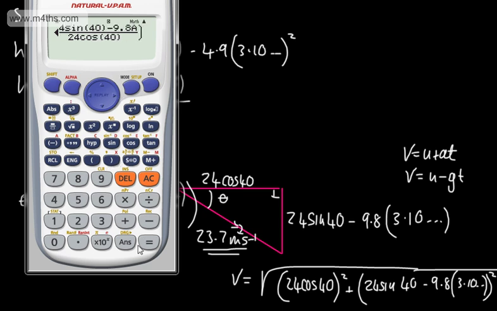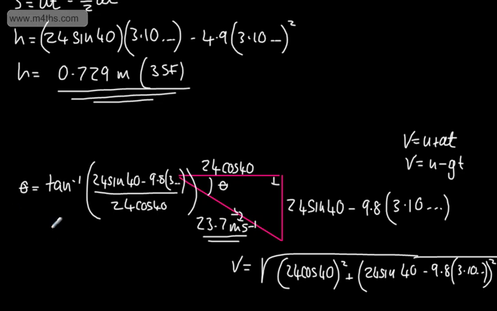Let's put that in, that's the one I want. And that's going to give us this angle right here, which is 39.1 degrees. So theta is equal to 39.1 degrees, to 3 significant figures.